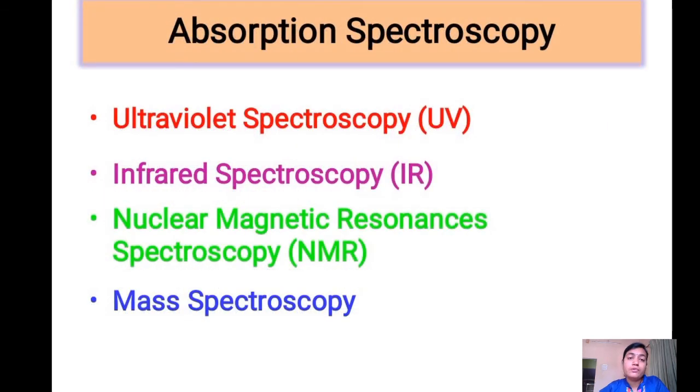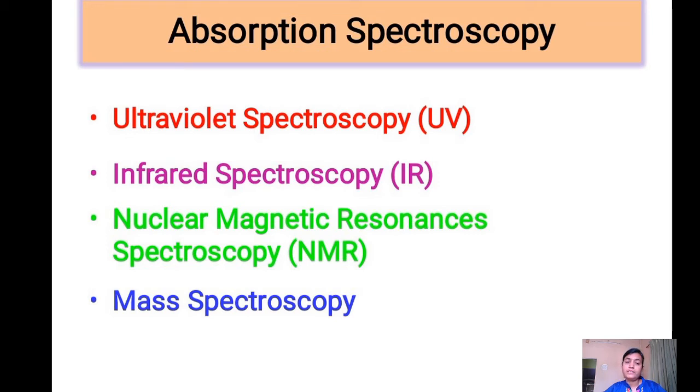We discuss absorption spectroscopy briefly. In absorption spectroscopy, absorbed radiations are detected, hence the name. Absorption of different kinds of radiation like UV, IR, microwave, and radio waves causes different types of excitations in the molecule. For example, when the molecule is exposed to microwave radiation, it undergoes rotational excitation.